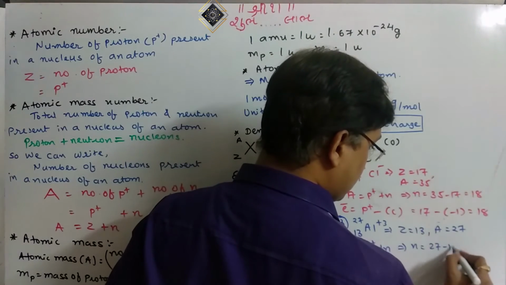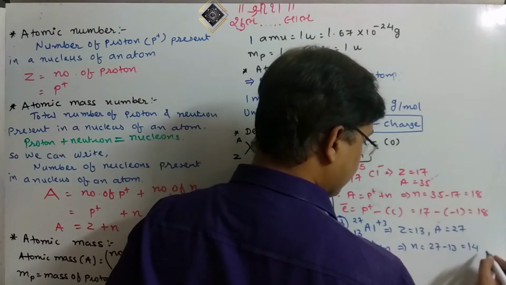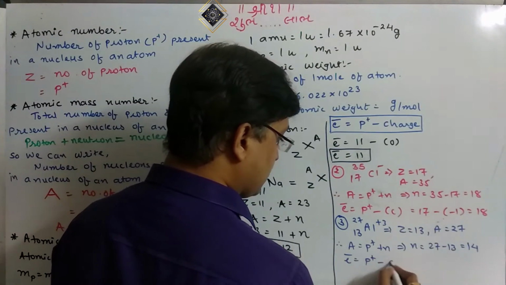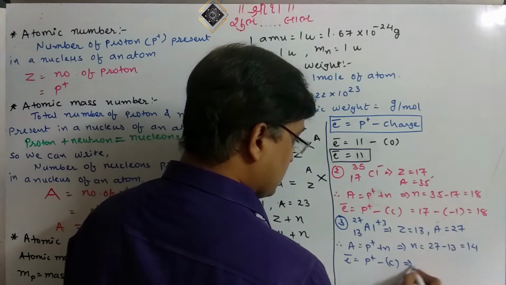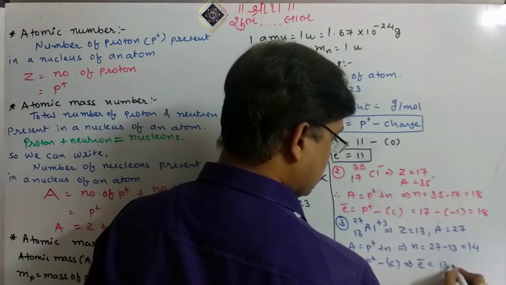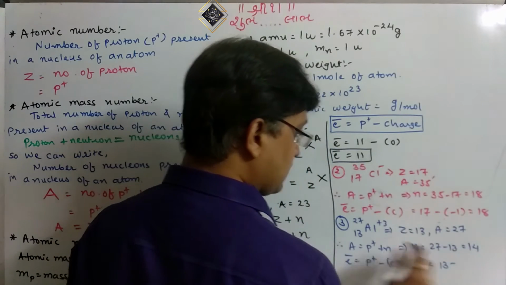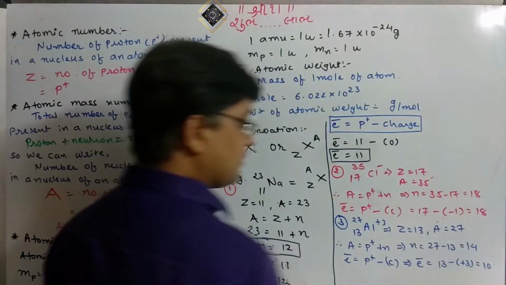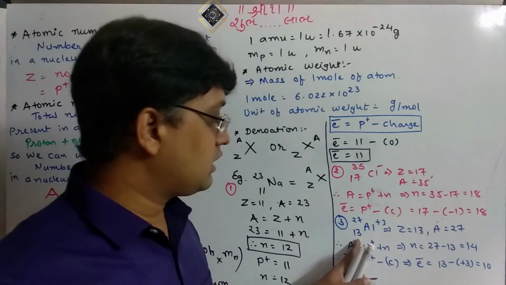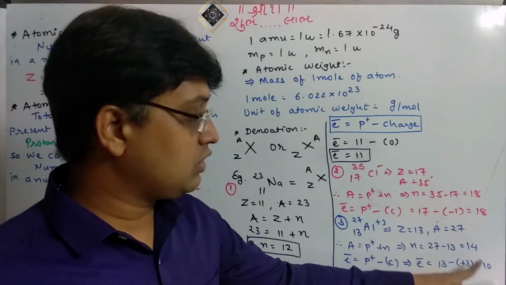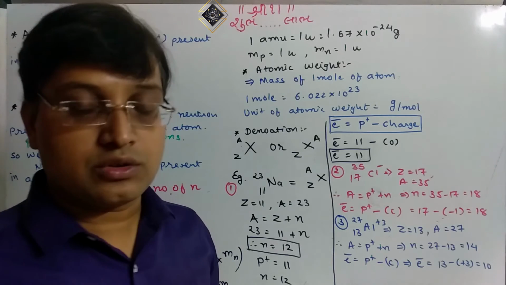So 27 minus 13 is equal to 14 neutrons that we have. Electron is equal to proton minus charge. So electron is proton that we have, 13, minus charge, that is plus 3 with the sign. So number of electrons that we have is 10. So 13 aluminium 27 plus 3 has 13 protons, 14 neutrons and 10 electrons.